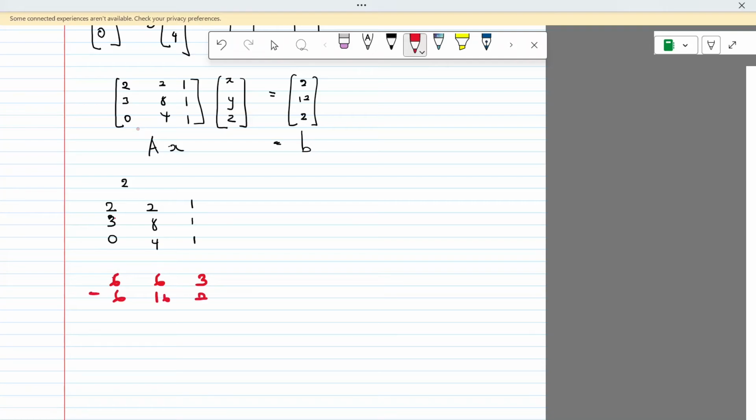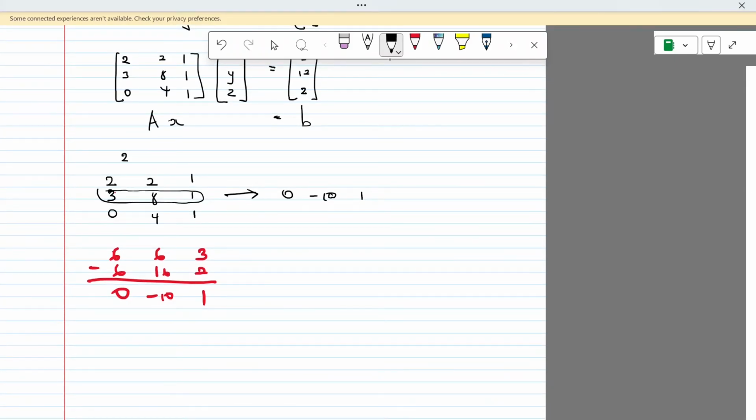Such that now when we subtract, we get a 0 here, a minus 10, and a 1. So this line will become a 0, minus 10 and a 1.